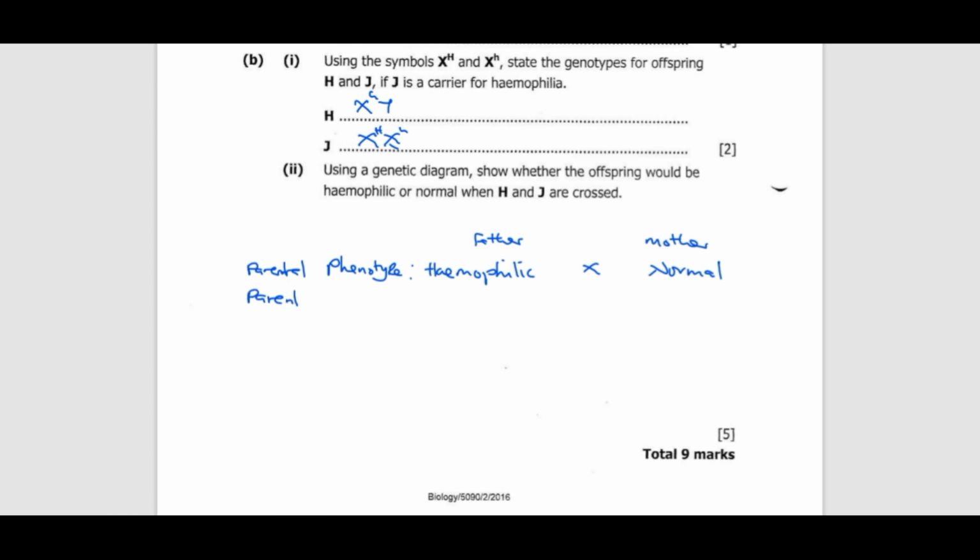And then we have parental genotype. So the father is X^h Y, who is hemophilic, and then the mother is normal, but she's a carrier, X^H X^h.